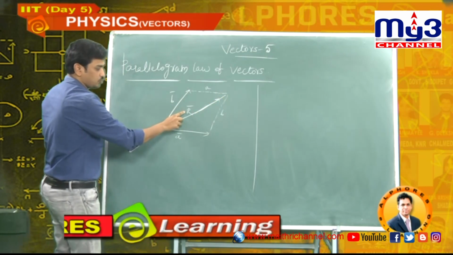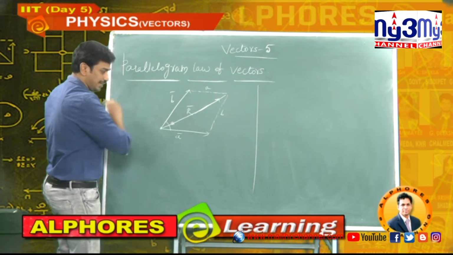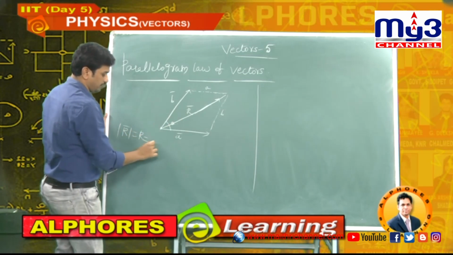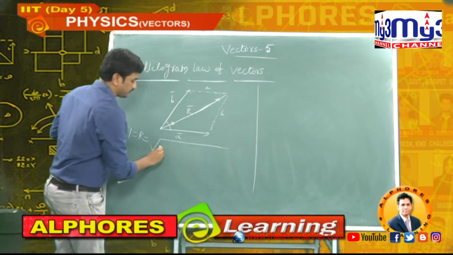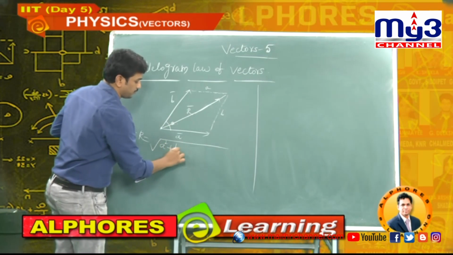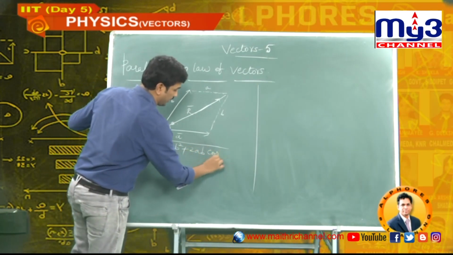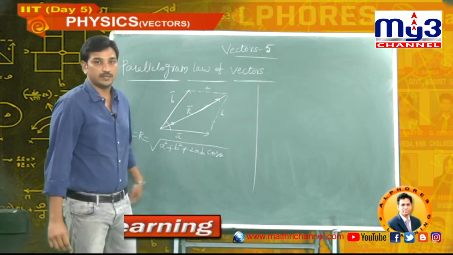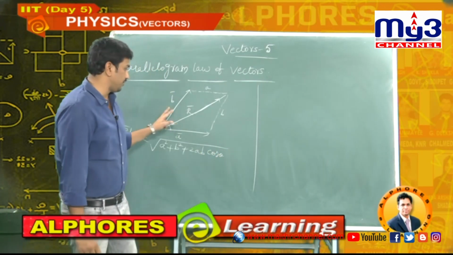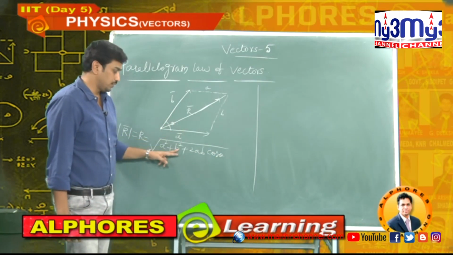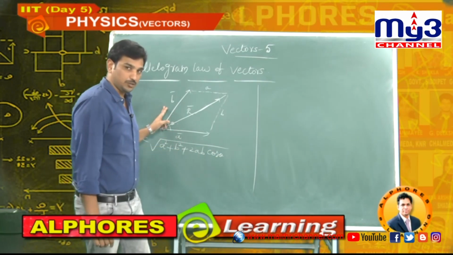The magnitude of this R bar, we calculated in the last class. Mod R bar is the square root of A square plus B square plus 2AB cos theta. Theta is the angle between A bar and B bar. A is the first vector's magnitude, B is the second vector's magnitude.